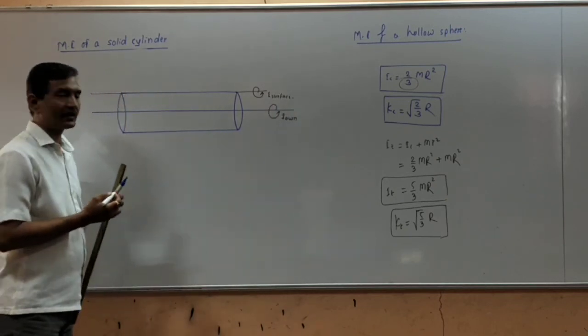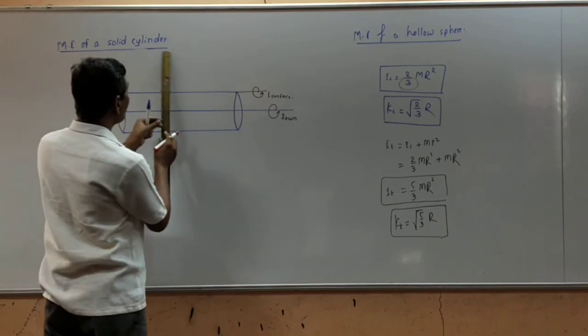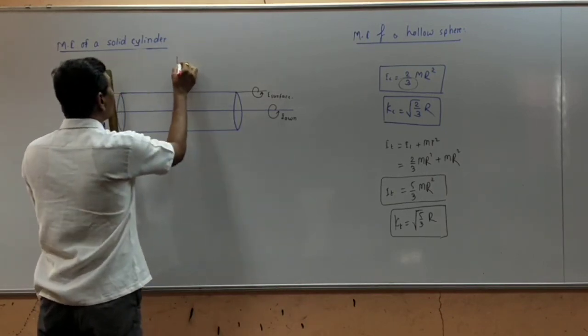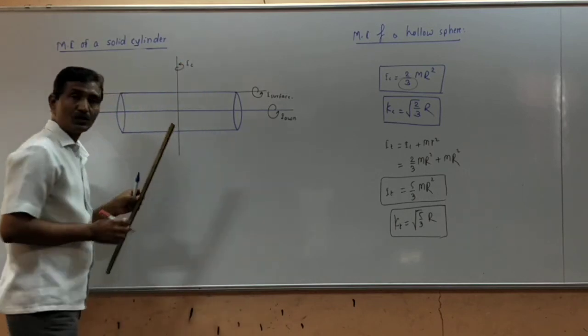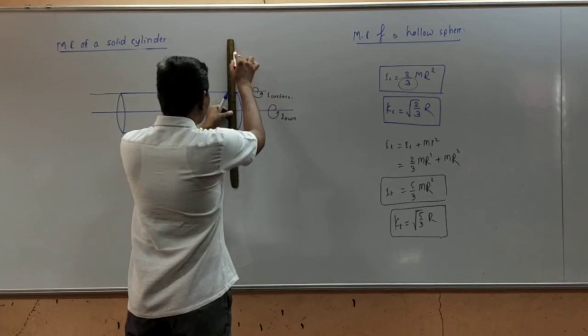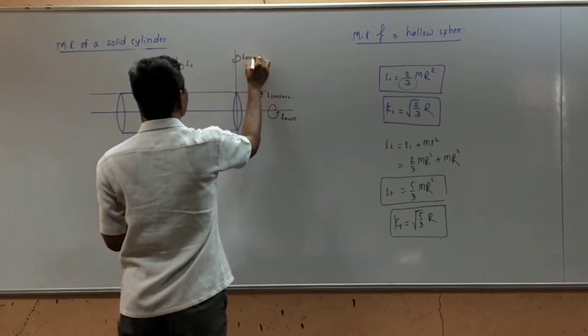These are the two axes. Third one is axis passing through the center of mass and perpendicular to its plane. That moment of inertia we denote by IC. And fourth case is axis passing through one of its ends and perpendicular to its plane, means it is IN.